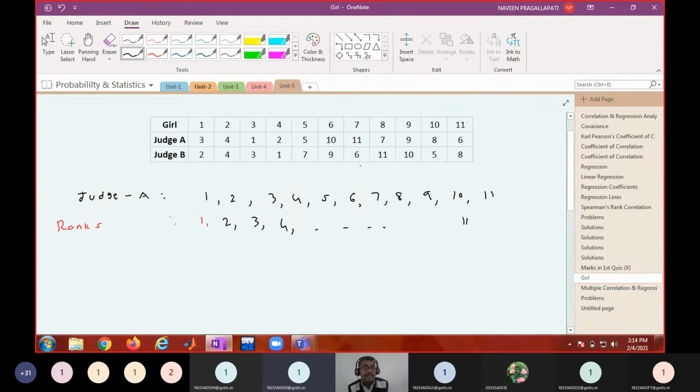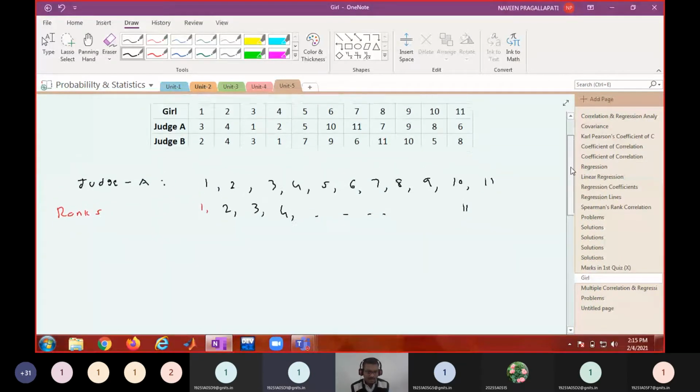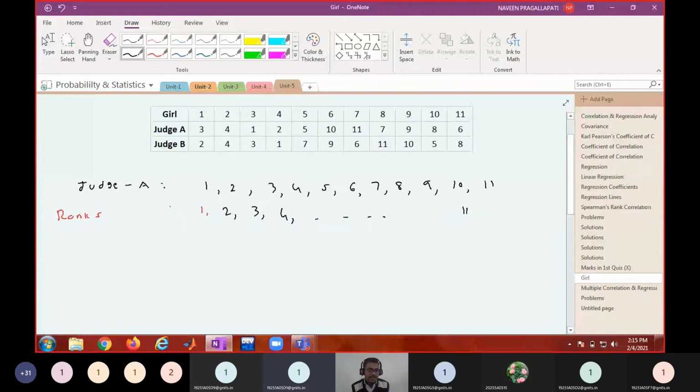Then we'll get Xi minus Yi as 0, no sir? Let me show you. Ranks of A. What are the ranks of B?